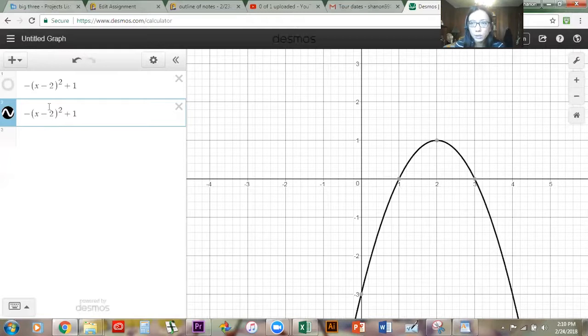What I want to add to this today is the idea that we put a 3 or some other multiplier in front of that x squared term. Well, based on our basic parabola, which has been shifted, it has been reflected, it has been vertically shifted, what we now have is this stretch occurring.